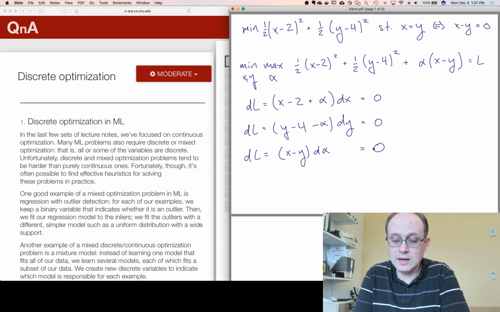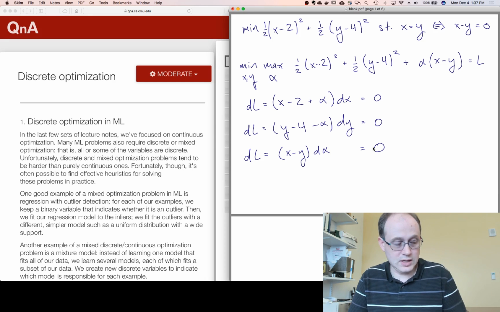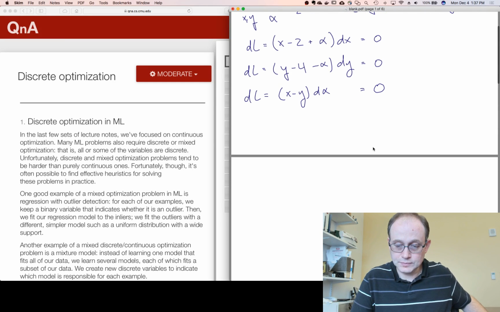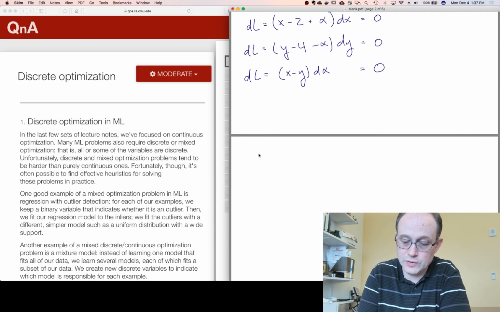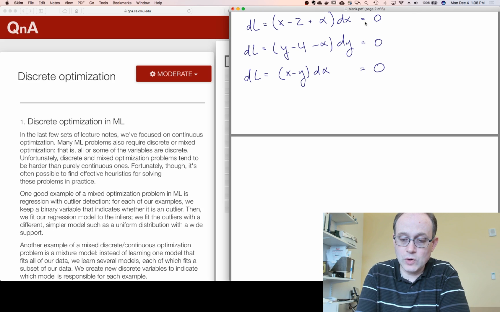And then what that tells us is, in order for this expression always to be 0, the coefficient of dx has to be 0. So we have that x is equal to 2 minus alpha.